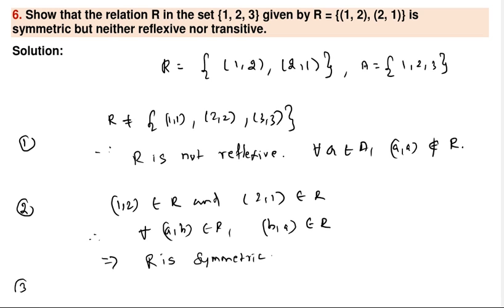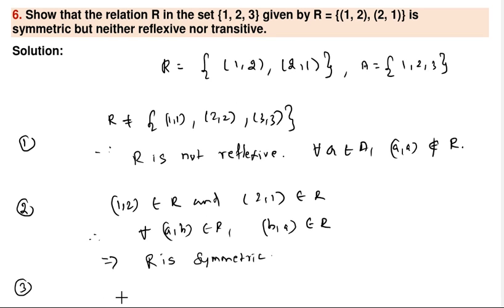And the third one, for transitive, we have to take two pairs (a, b) and (b, c). Yes, 2 is the image of 1, and the same 2 is the pre-image of 1. So the number 2 has a dual role, an image role as well as a pre-image role.